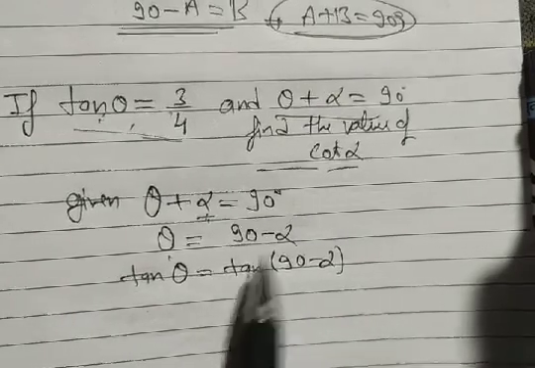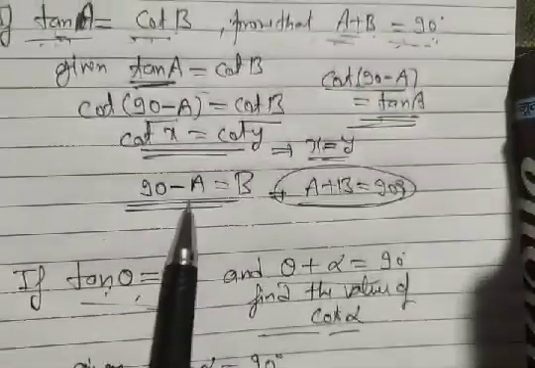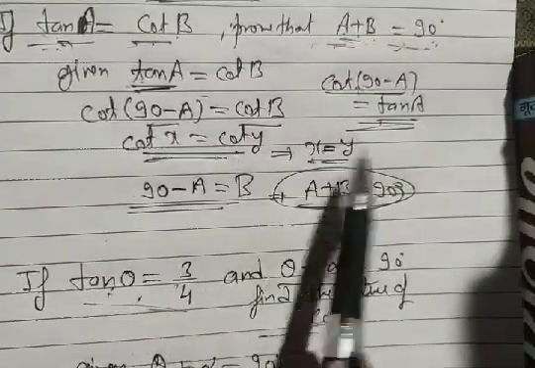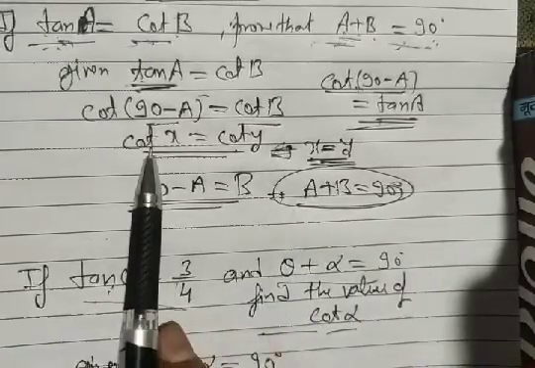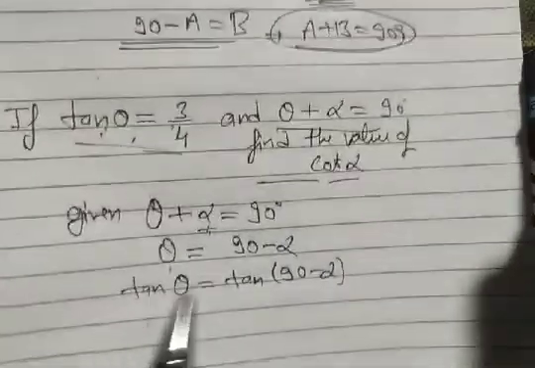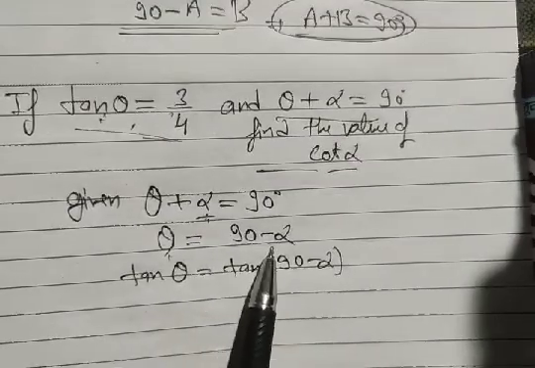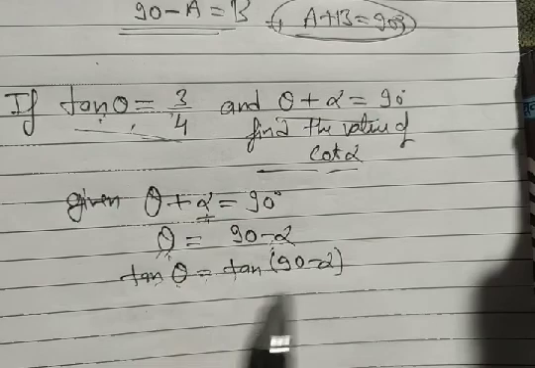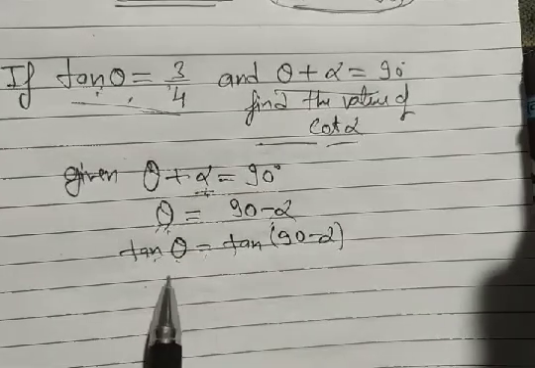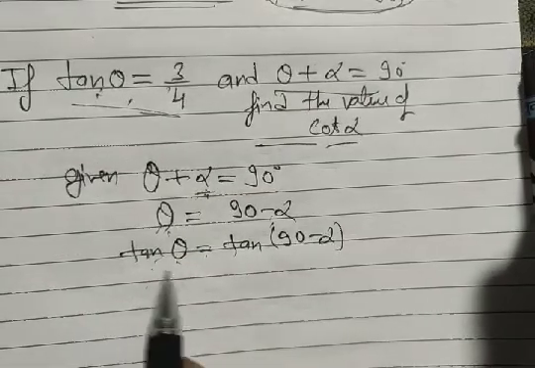Why? I am using the concept that if cot x equals cot y, then x equals y, and if x equals y, this also implies cot x equals cot y. If theta equals 90 minus alpha, then tan theta is equal to tan of 90 minus alpha.